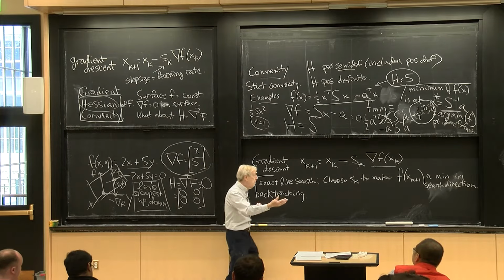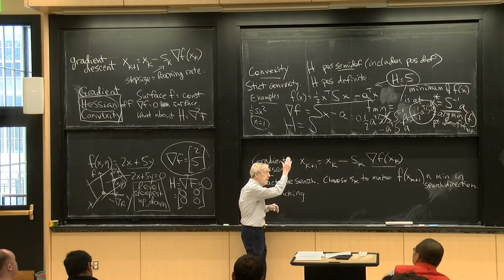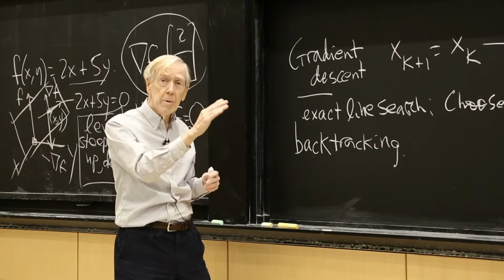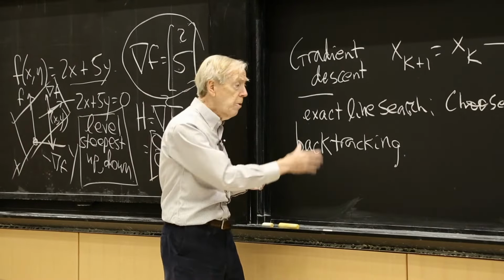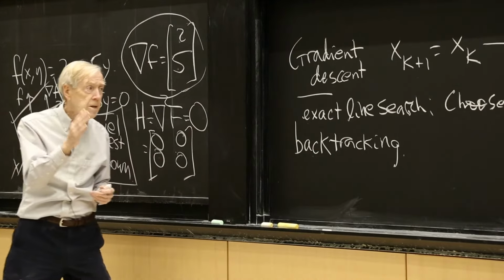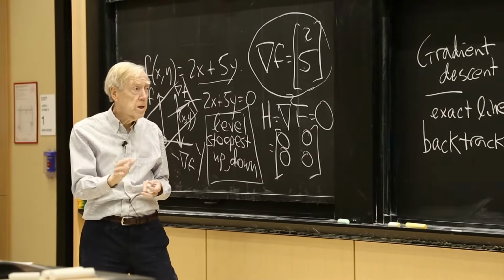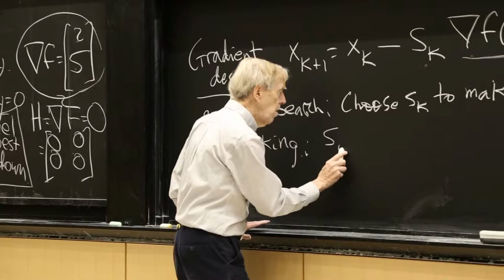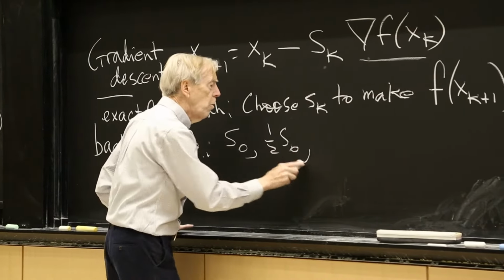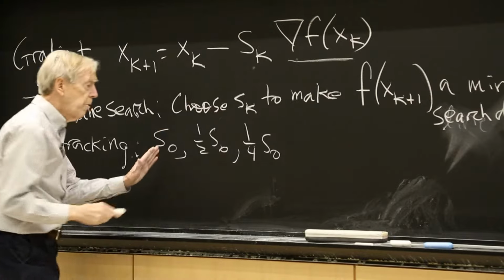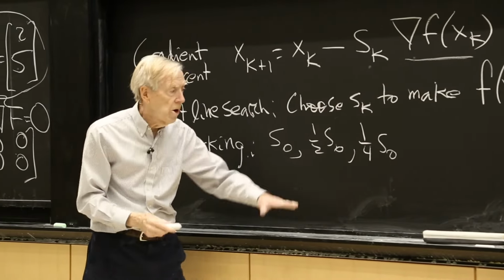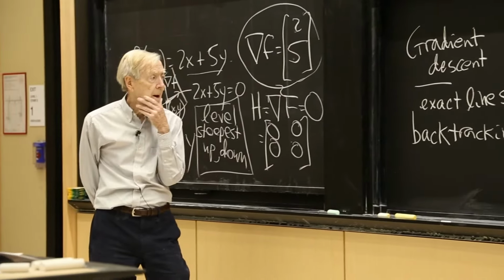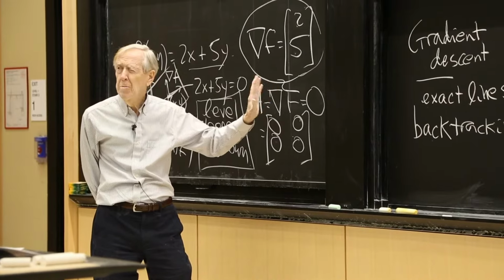The full step might have taken you back to the upward sweep. Halfway forward might still be on the upward sweep, might be too much, so backtracking cuts the step size in pieces and checks until you're satisfied. So S naught, half of S naught, quarter of S naught, or obviously a different parameter, A S naught, A squared S naught, and so on until you're satisfied with that step.